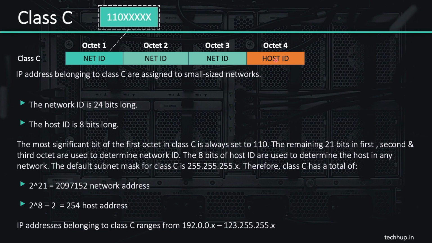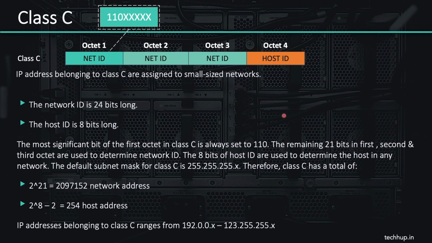The most significant bits of the first octet in class C are always set to 110, and that leaves us with the remaining 21 bits spanning the first, second, and third octet to be used for the network addressing. And since the host addressing is limited to 1 octet, we have 8 bits dedicated for the host addressing.